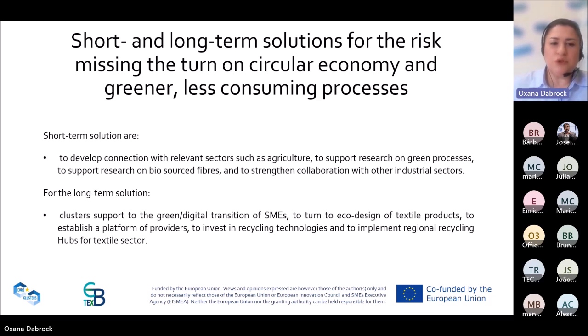And for the long-term solution or mitigation for this risk, there is a need of cluster support to the green and digital transition of SMEs, turning to eco-design of textile products, to establish a platform of providers, to invest in recycling technologies, and to implement regional recycling hubs for textile sector.